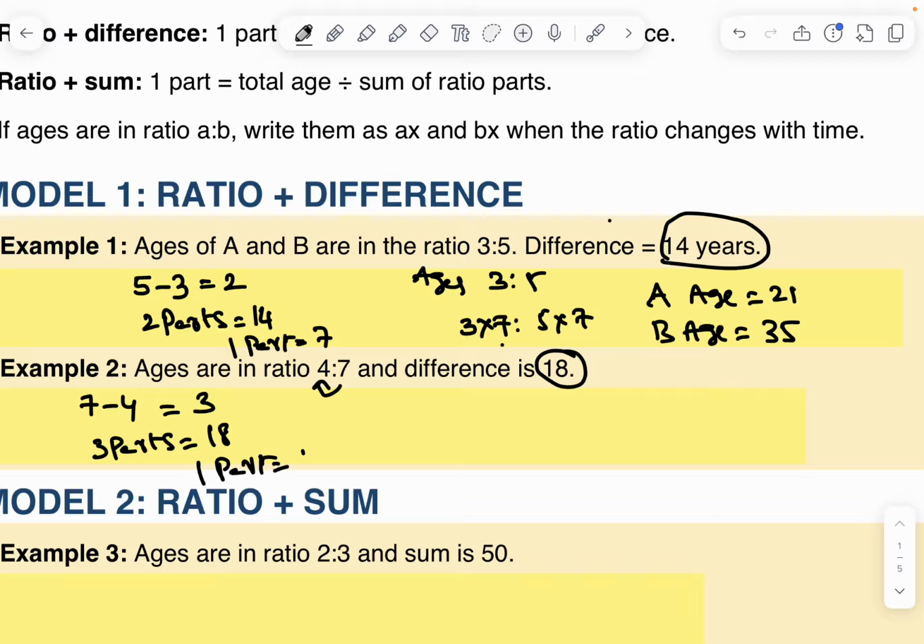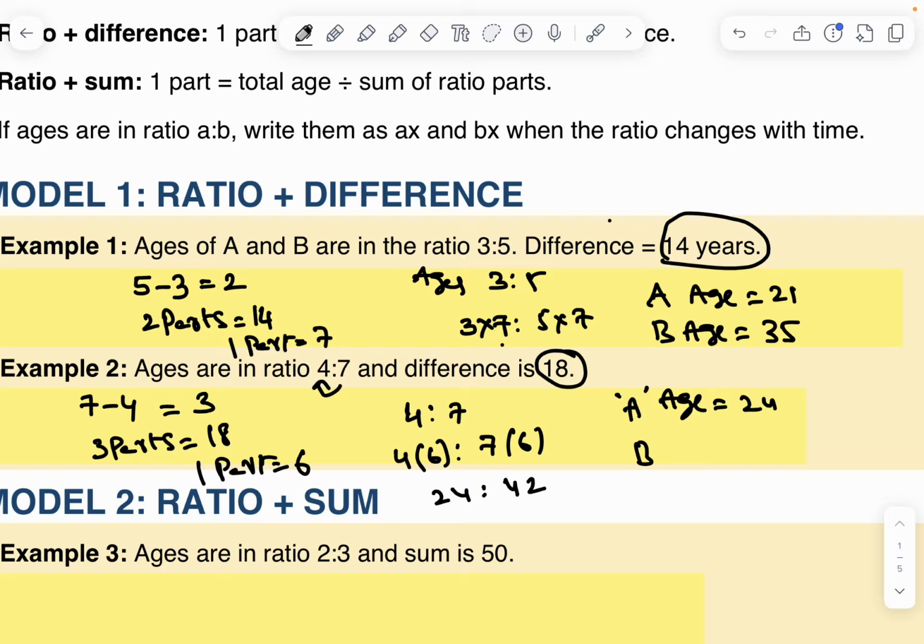Therefore, 1 part is equal to 6. Therefore, 4 into 6, 7 into 6, that is 24:42. A's age is 24, B's age is 42. This is the first model.